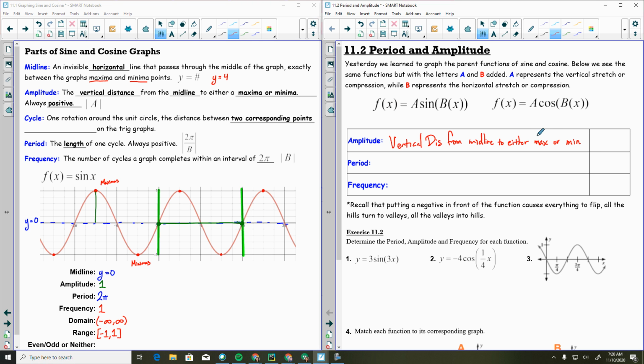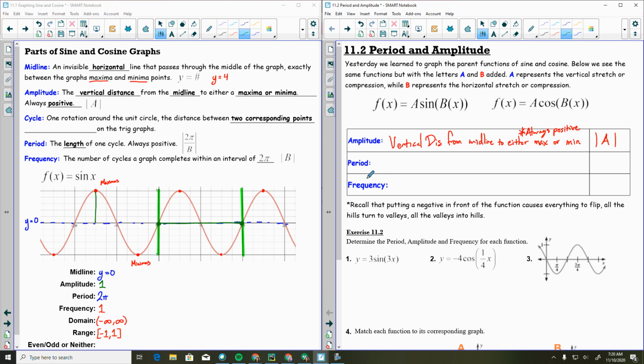And another thing we remember is that it's always positive. The way we would find this is we would take the absolute value of A, and that's our amplitude.